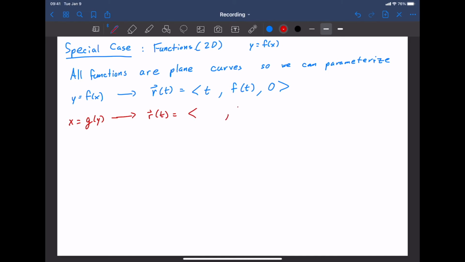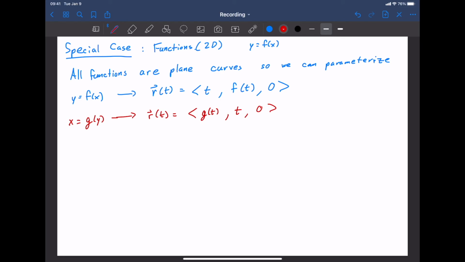You would make y the parameter, x is that output, and then still z equals 0. And for a lot of other 3D curves, you could do similar parameterizations. If you had the parametric equations, it would just be the first two components, and the last one was zero. So that's what you would want to do for plane curves.